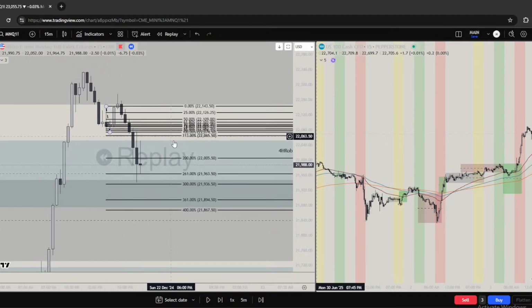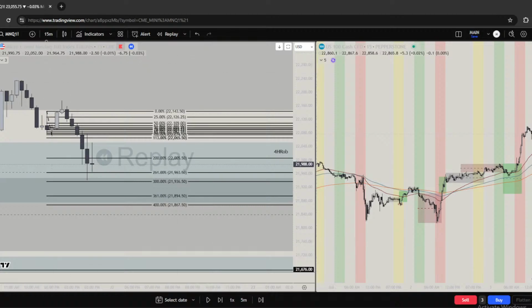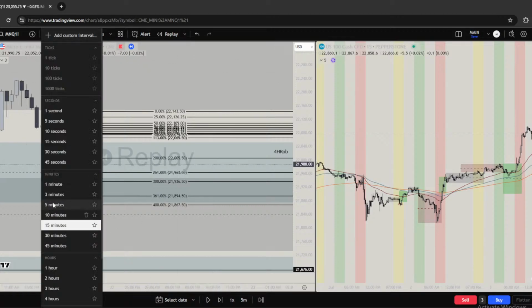Here we go, the low to the high of the range. Yeah, this is like a reversal.